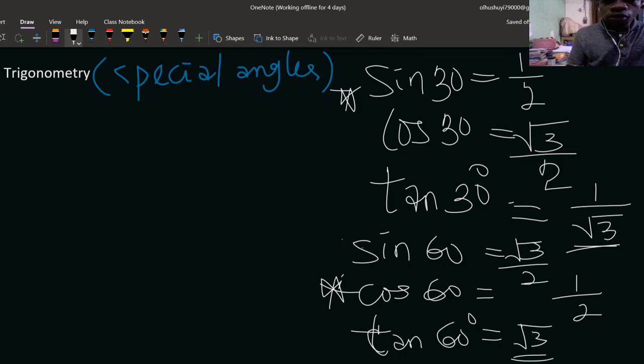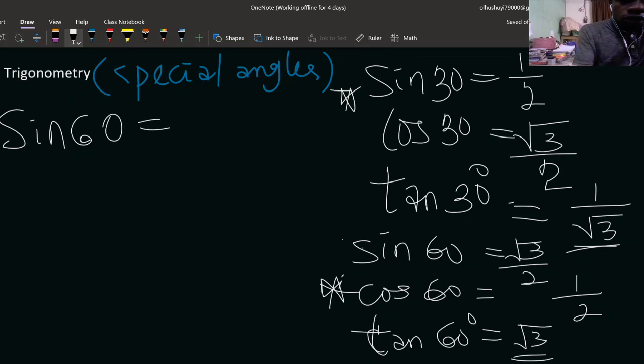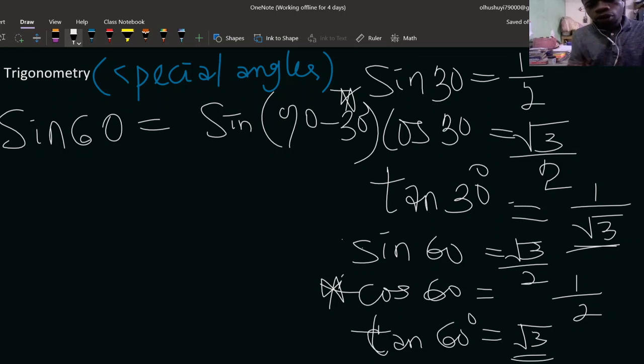That means sine 60 is equal to cos of 90 minus 30. Do you get that?